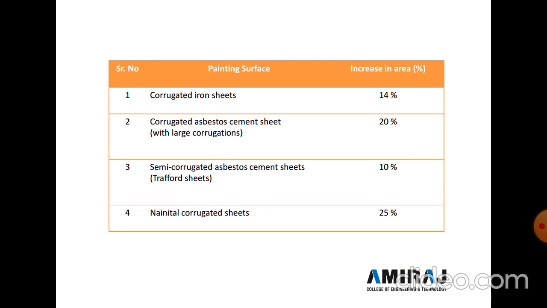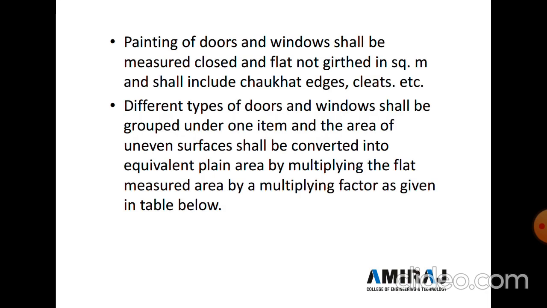Corrugated iron sheet is a 40% increase in the area, corrugated asbestos cement sheet is 20%, semi corrugated asbestos cement sheet is 10%, and Nainital corrugated sheet is a 25% increase in area required.